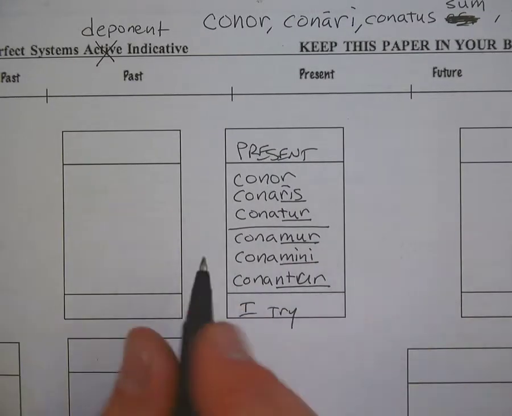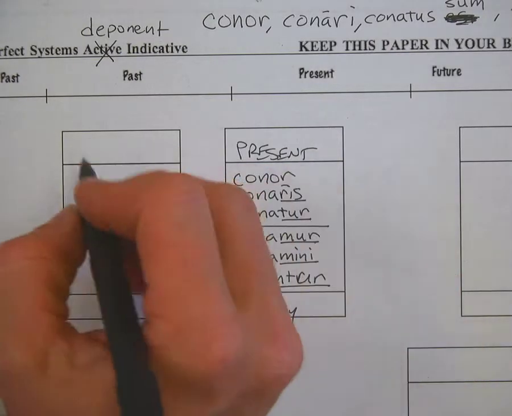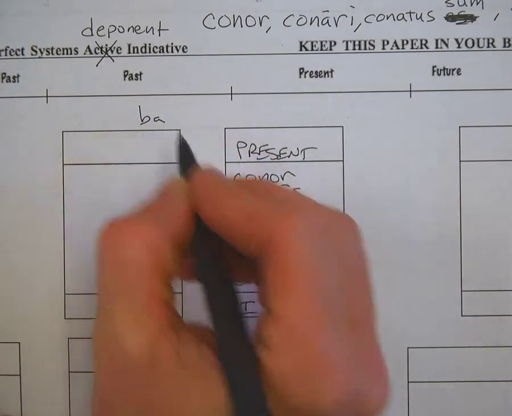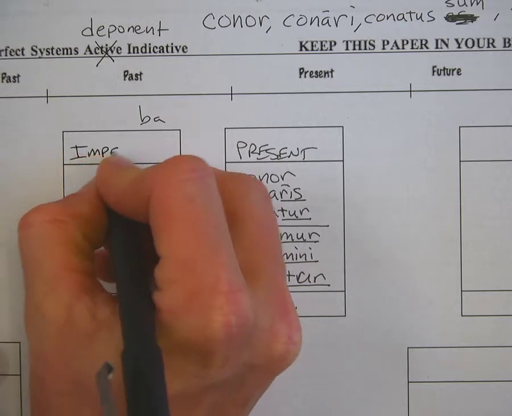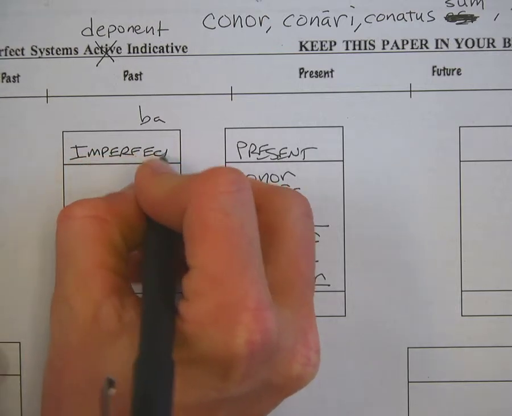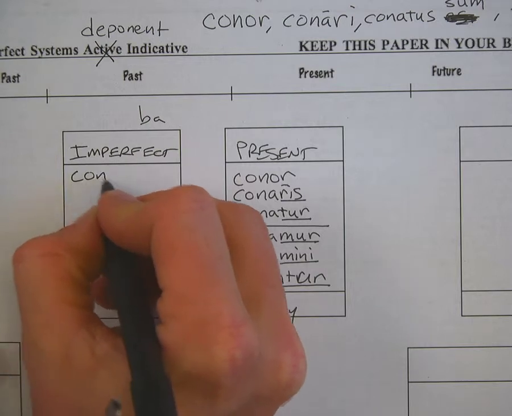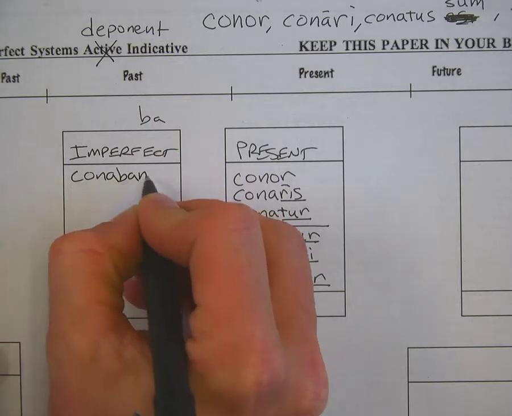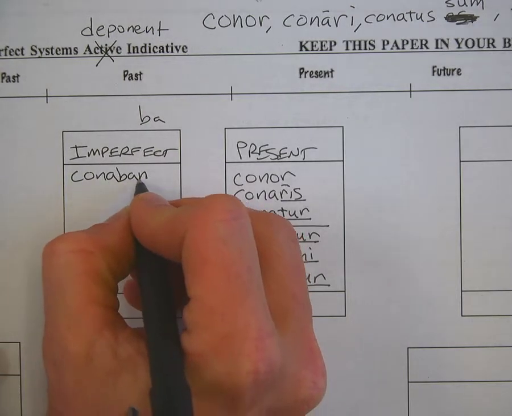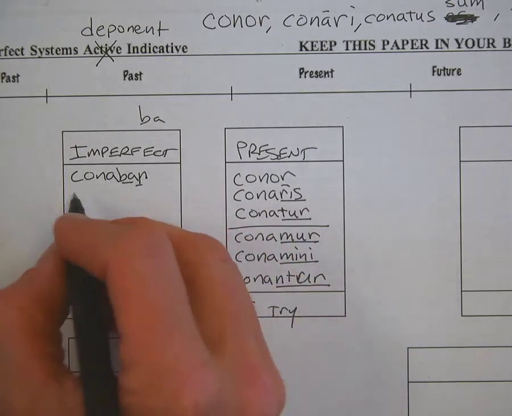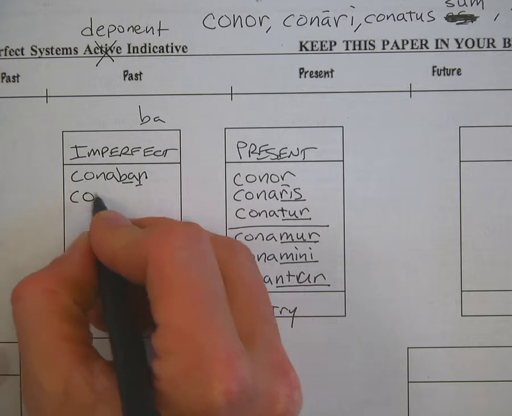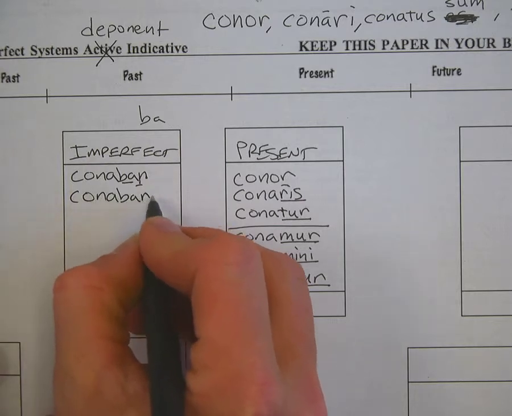If you're going to do the imperfect, you do the same idea. You just use the ba for the imperfect sign, and then you add your passive ending. So imperfect is going to be conabar. You is going to be conabaris.